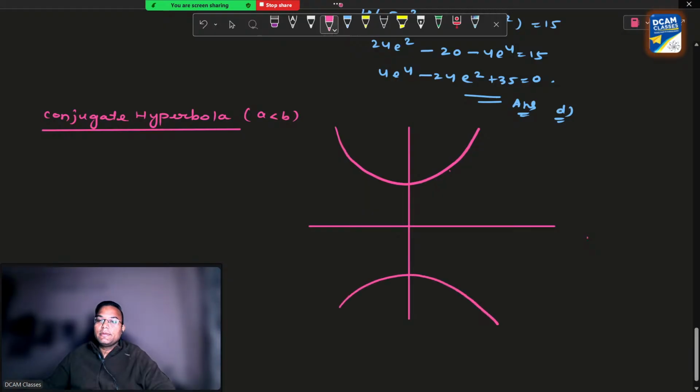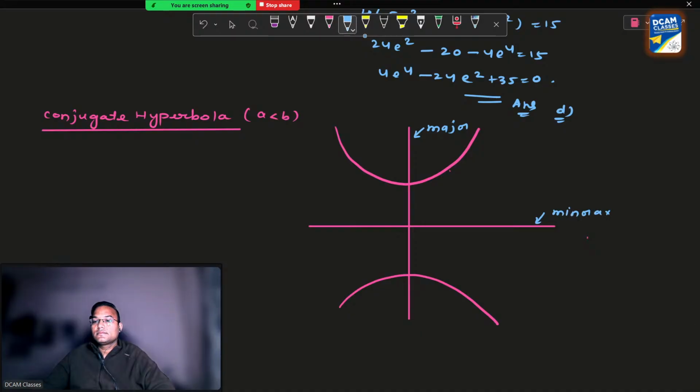Here the y-axis will become the major axis and the x-axis will become the minor axis. The points become 0 comma b and 0 comma minus b. Now what points do you have to focus on here? The foci are 0 comma be, and the other focus is 0 comma minus be.